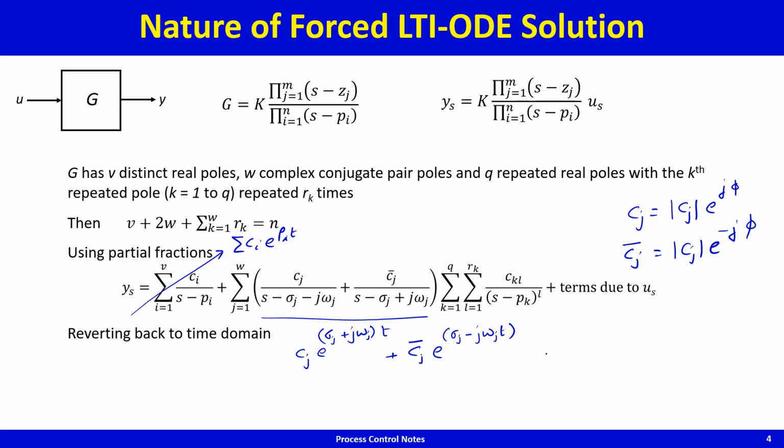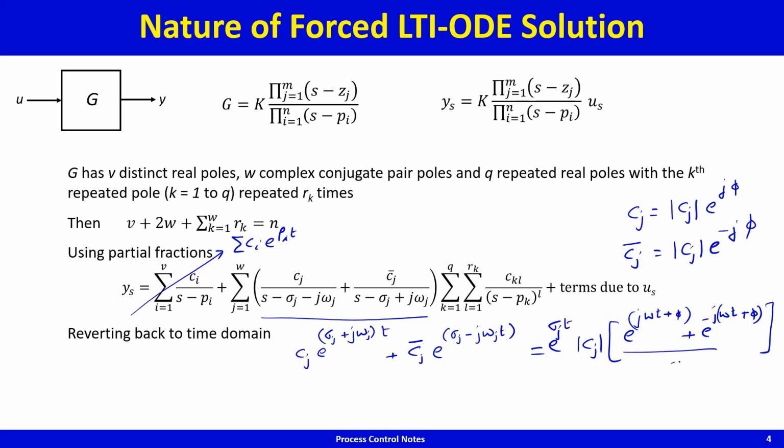Anyway, this is what this factorizes to, and therefore this is equal to the magnitude of C_j times e to the power j(omega t plus phi) plus e to the power minus j(omega t plus phi), and there will also be e to the power sigma_j t.